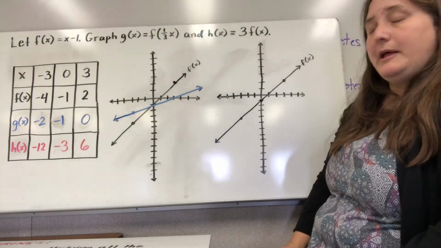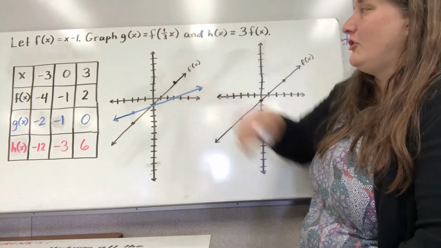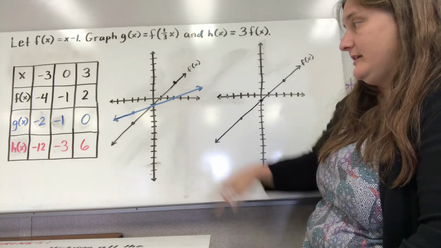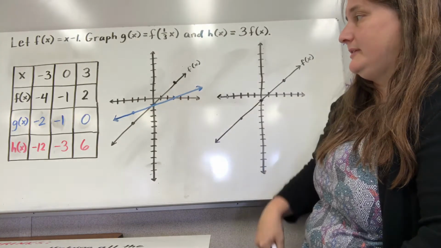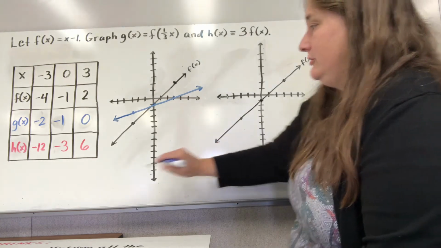So I actually multiplied by 1/3, and this guy actually stretched away from the y-axis, and my y-intercept stayed the same. So this is a horizontal stretch.